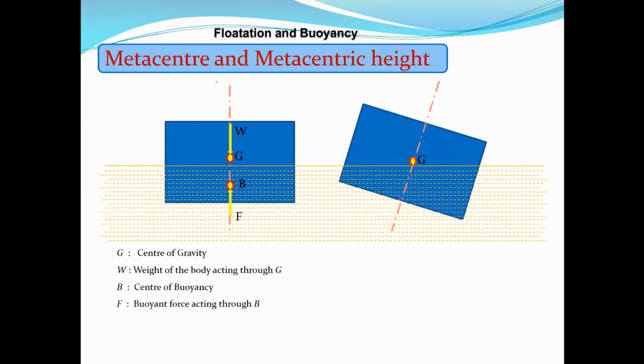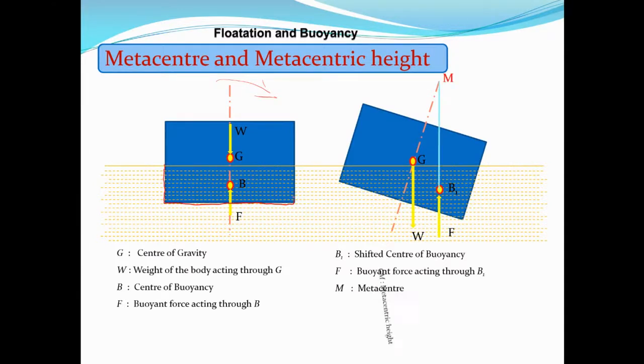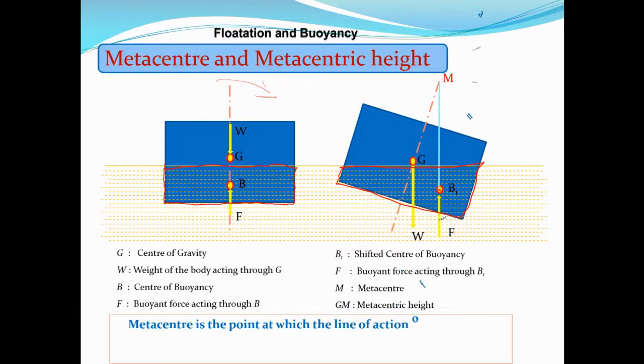And it is tilted by a rotational disturbance. You have G, but the center of buoyancy is shifted, because in this case the center of buoyancy is the centroid of this rectangular shape, which is here. But when it is tilted, the centroid of this immersed shape will shift to somewhere here.